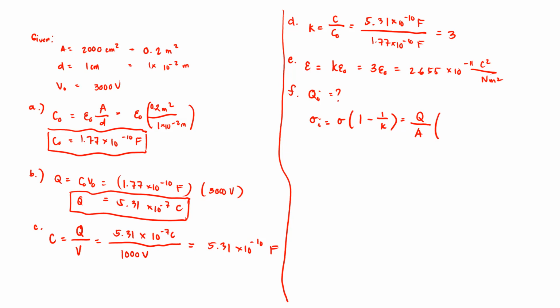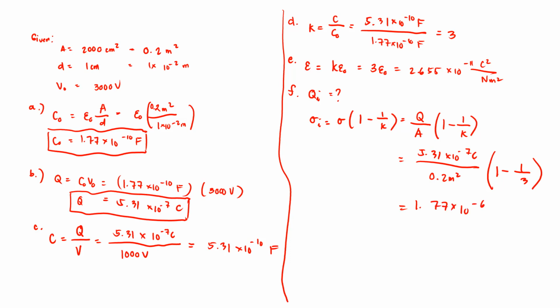So you have Q divided by the area multiplied by 1 minus 1 over kappa, the dielectric constant. You have 5.31 times 10 to the negative 7 coulomb divided by the area, 0.2 meters squared, multiplied by 1 minus 1 over 3. So you have 1.77 times 10 to the minus 6 coulomb per meter squared.